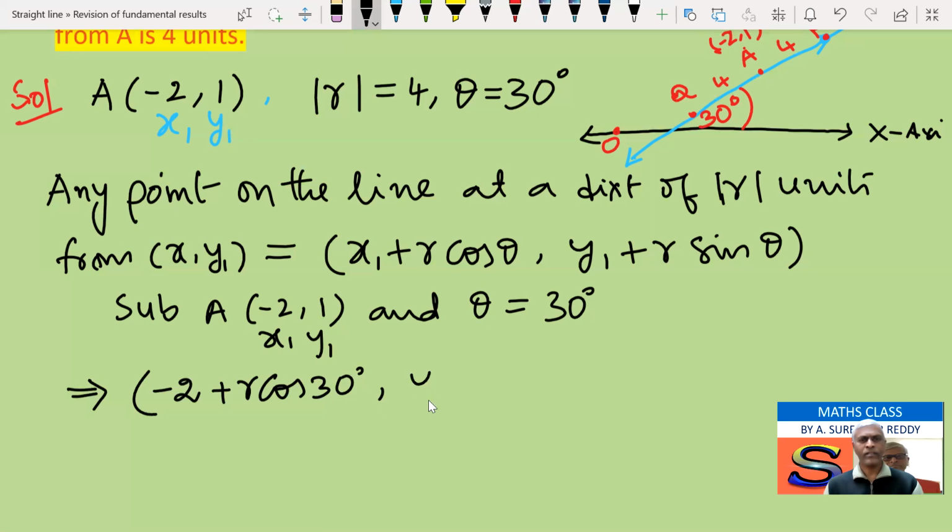This is x coordinate, and y1 value is 1. y1 is 1, r as it is, and sine 30 degrees.